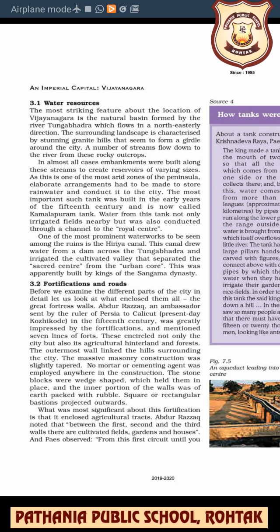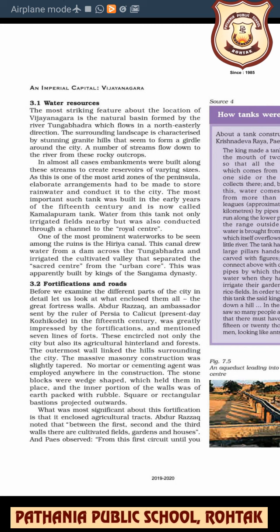In almost all cases, embankments were built along these streams to create reservoirs. Means, these were small streams, and just to channelize them, various types of reservoirs of various sizes were formed, and all these reservoirs were used for agriculture. In these reservoirs the rainwater was stored and used in the city.